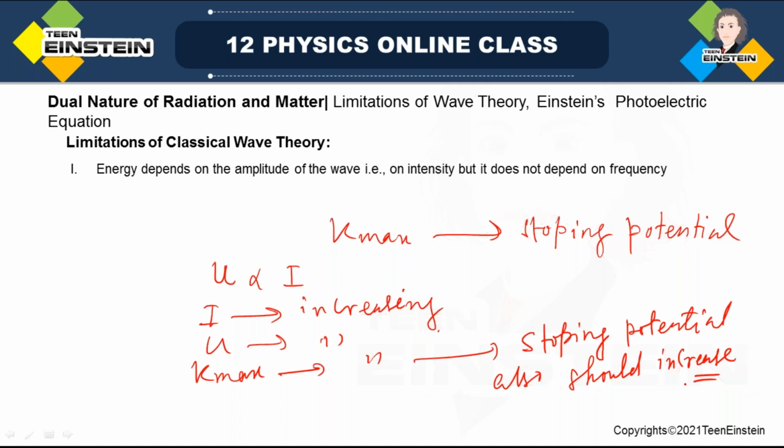That means if you increase the intensity, your stopping potential also should increase. But we have seen that even though the saturation current depends on the intensity, the stopping potential does not depend on the intensity. That means wave theory is failing to explain the independent nature of the stopping potential with intensity.